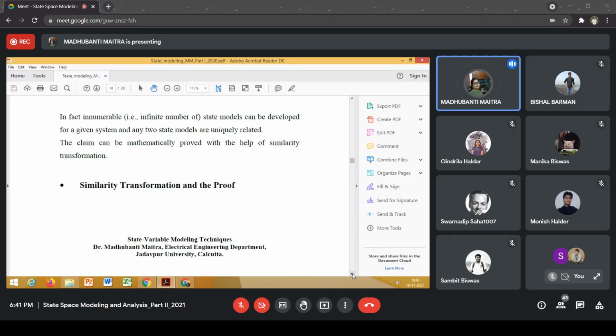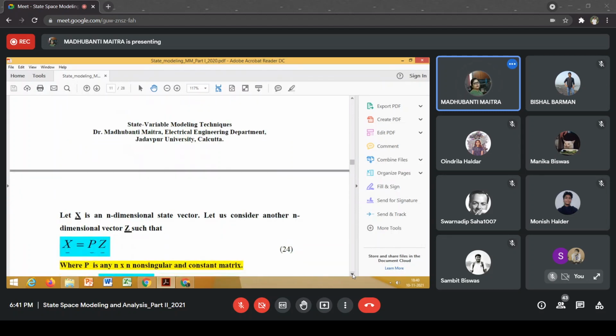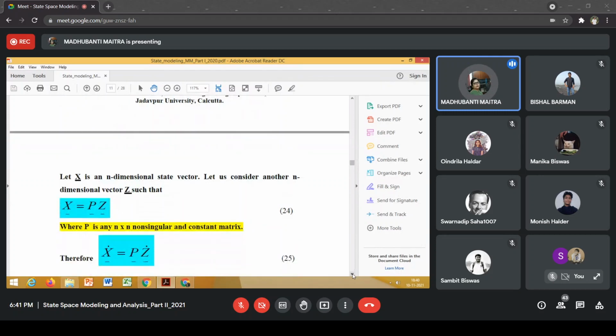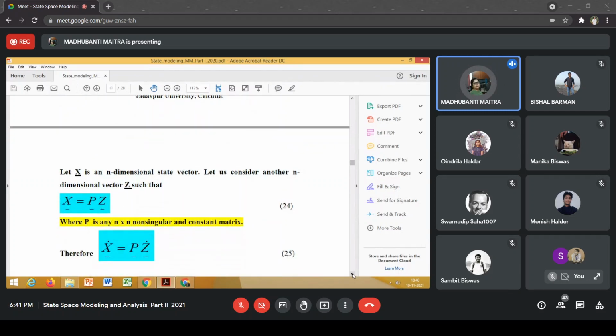right? Now let us assume that there exists another state vector, denoted by z bar. This bar denotes that it's a vector, right? And if x has n components like x1, x2, x3, xn, then z will also have n components like z1, z2, z3, zn.